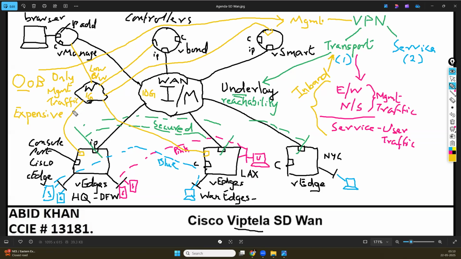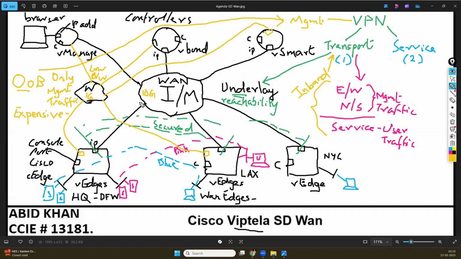And maybe some organizations won't think of cost. They will say no, it is more secure because we are keeping this communication totally separate. If tomorrow the transport WAN, the transport VPN, gets compromised, your east-west traffic and north-south traffic might also get compromised.